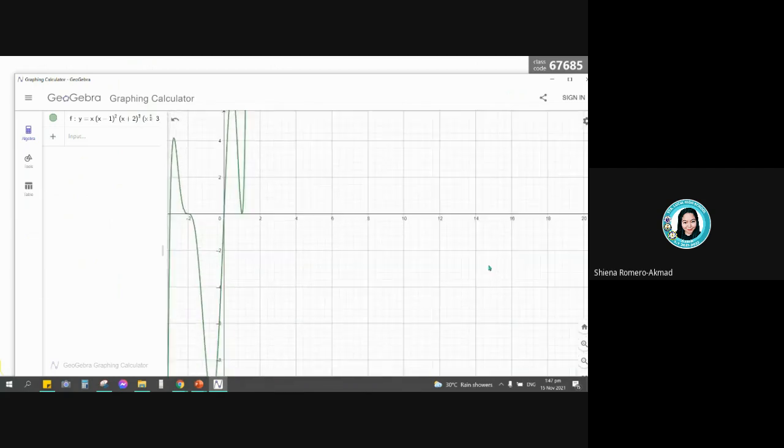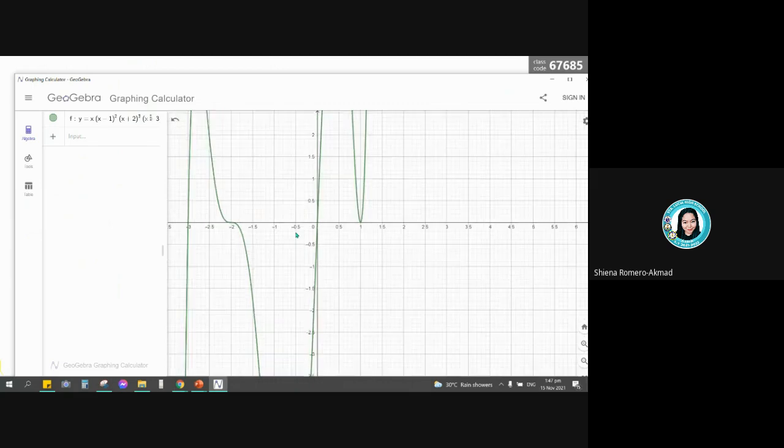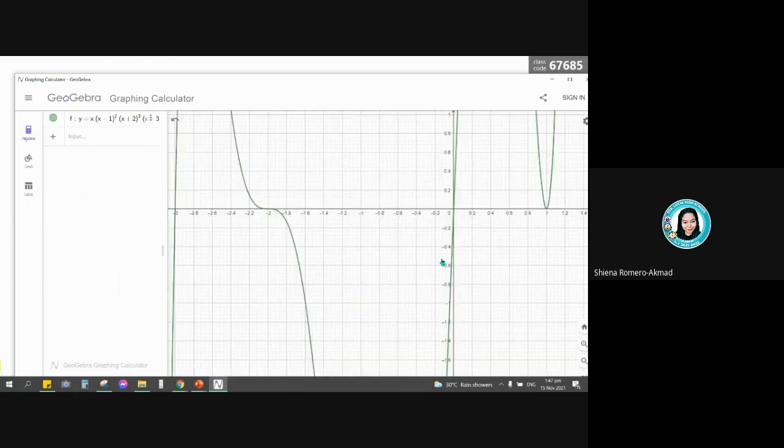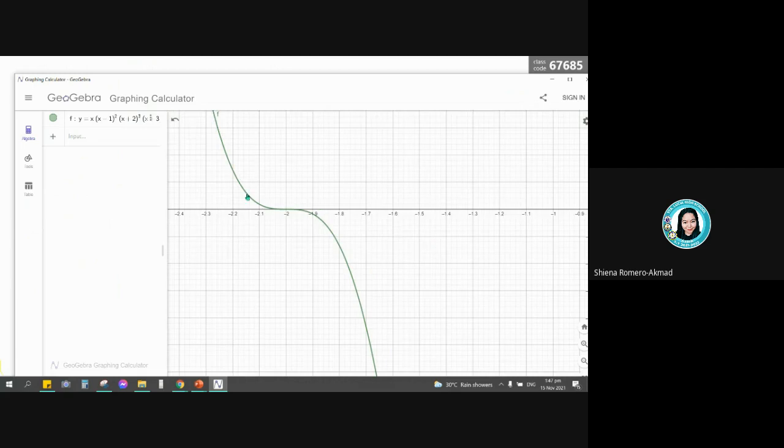Sige, bilangin ulit natin. So, this is the graph. 1, 2, 3, 4, 5, 6. Okay? So, pag nagta-turn siya or nagta-touch, dito sa 2, makikita nyo, may pa-curve siyang ganyan.